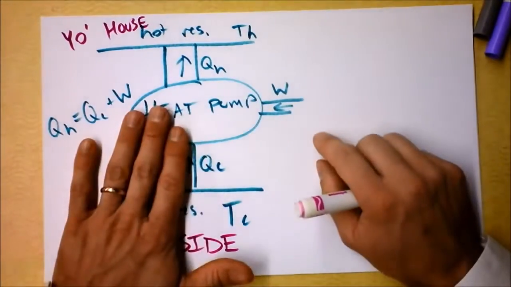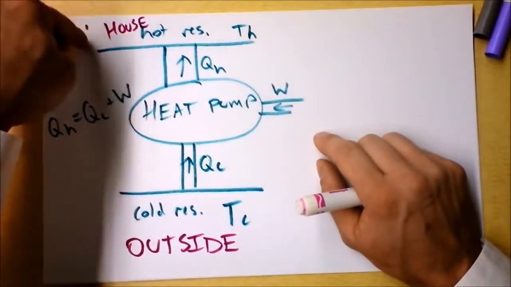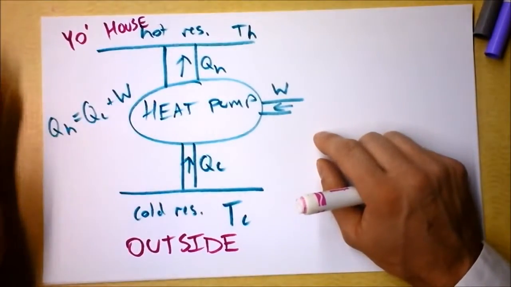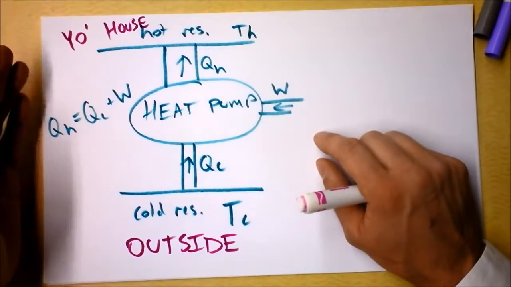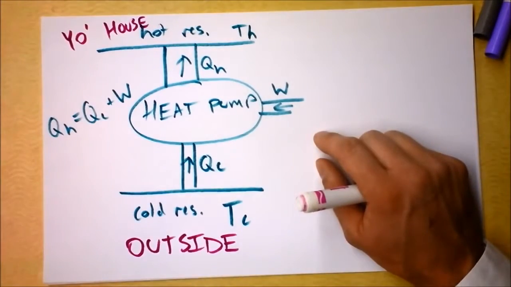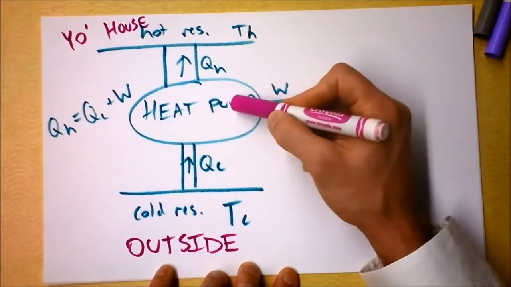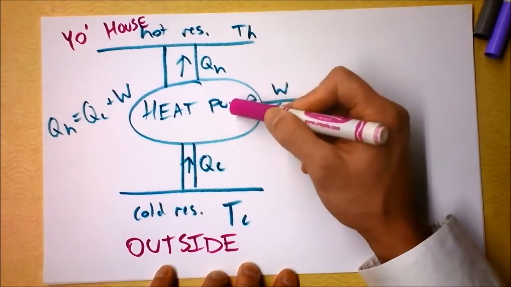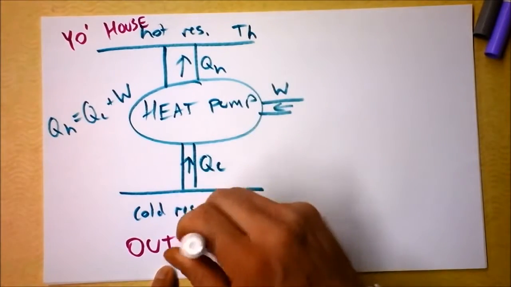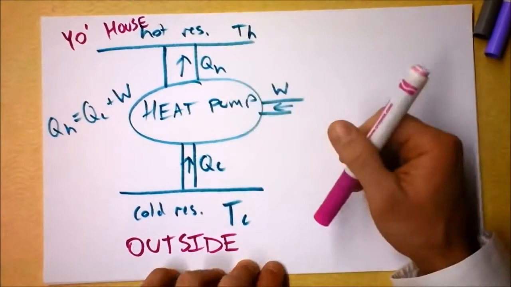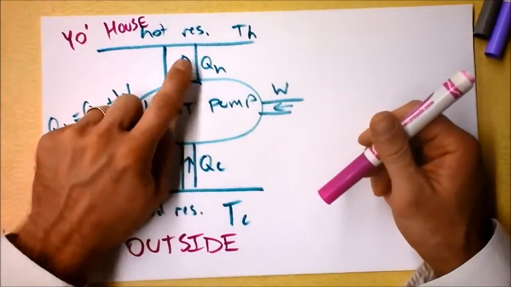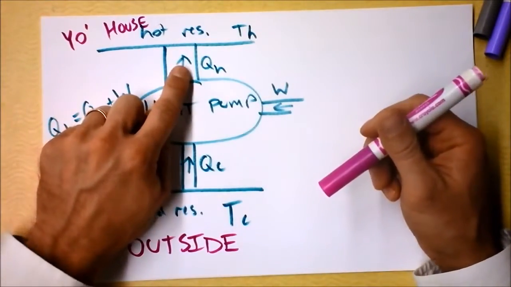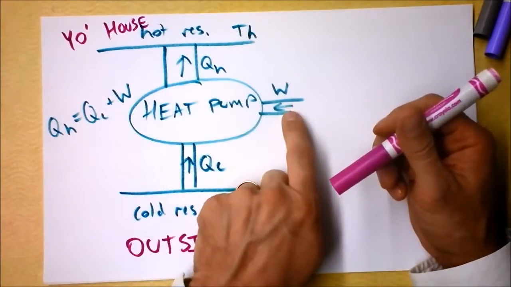If you don't turn on your heat pump, your house is going to put heat into the outside. That's annoying, and that's why we have insulation. But if you want to warm your house, you can put energy into a heat pump, and that sucker will then take the energy out of the outside and dump it into your house. Look at this. This is a large amount of heat entering your house, and that's a small amount of work that you have to do.